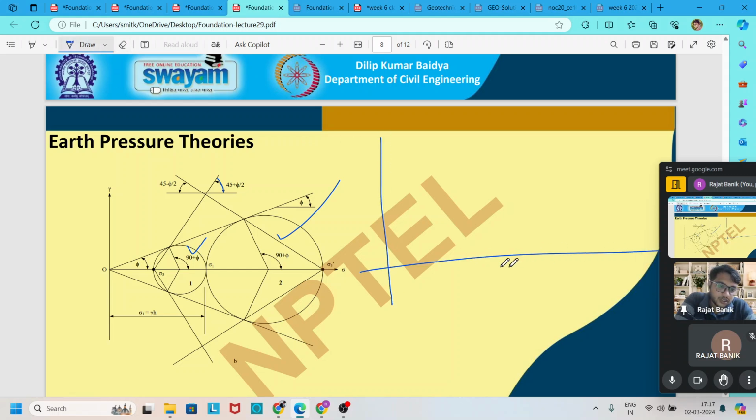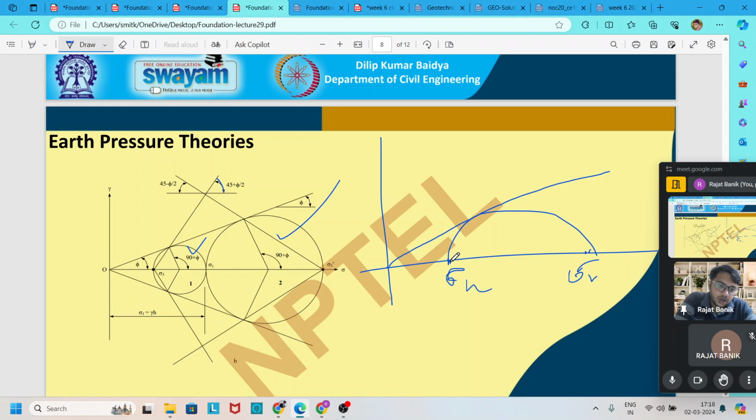the horizontal pressure is on the left side, that is sigma h, and the vertical pressure is on the right side because K is less than 1. Draw one more circle here. After that, for the critical case, the failure surface is just tangent to the Mohr circle.